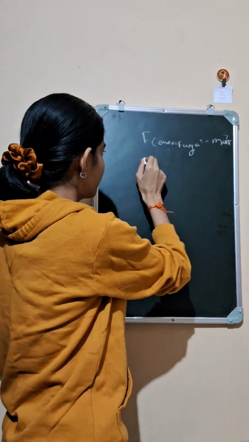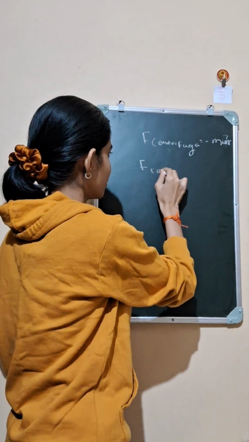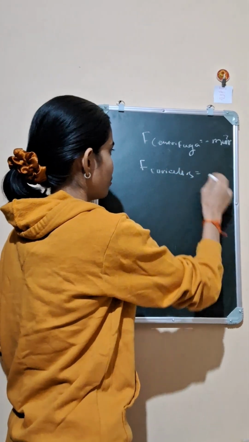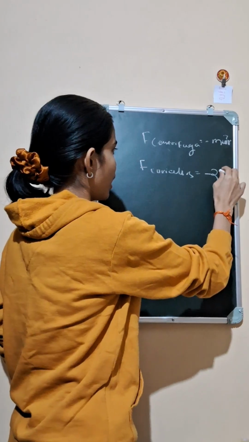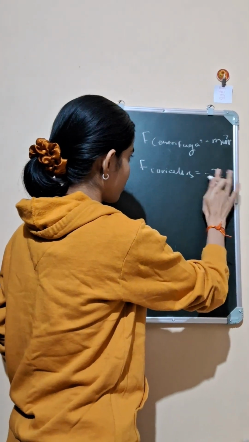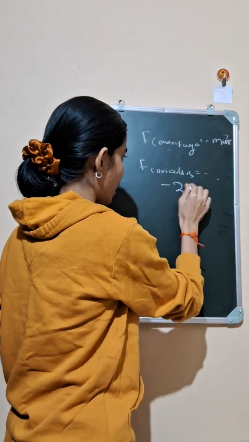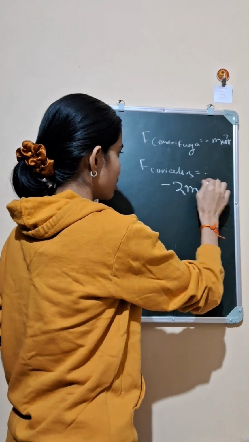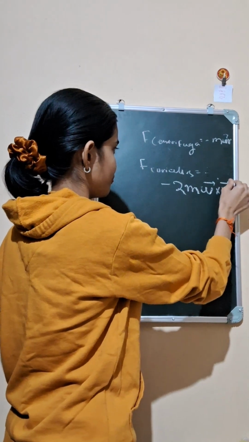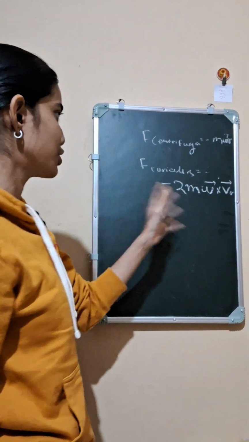So F Coriolis was minus 2 m omega cross Vr, right? This is the formula.